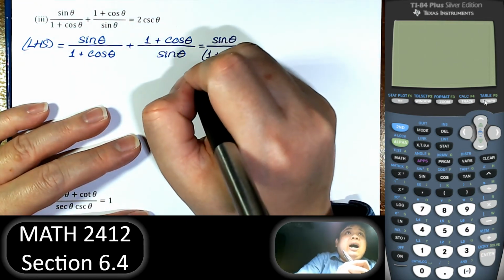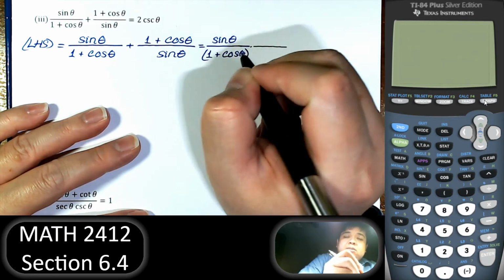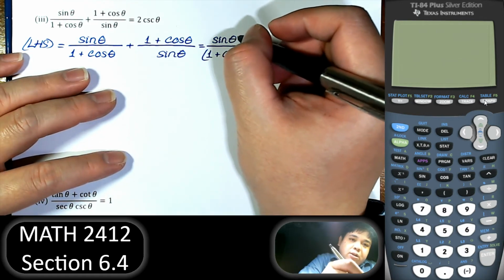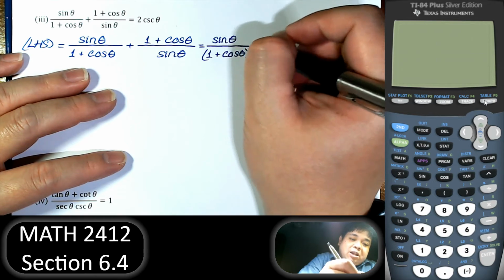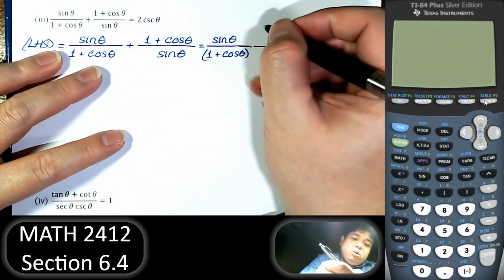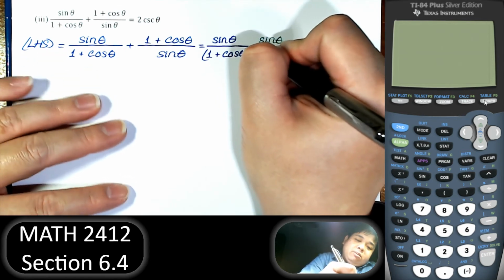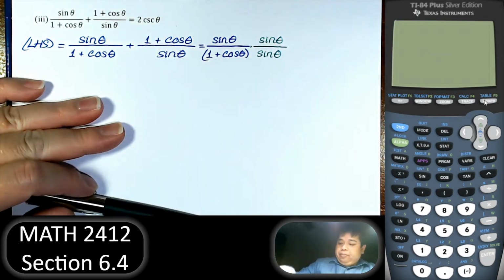So I'm multiplying the same thing top and bottom. The common denominator is sine times 1 plus cosine. So I multiply sine on the top and sine at the bottom here.